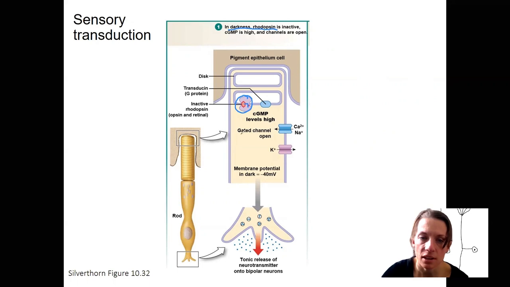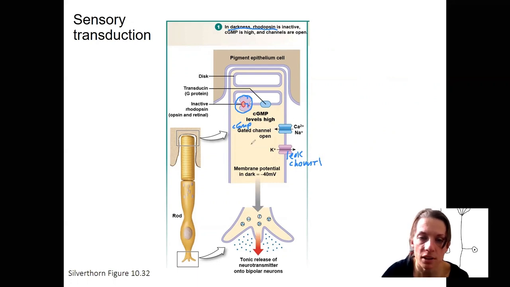This means the cGMP gated channels open. These are flowing in. What is this? This is just a leak channel, right? Potassium leak channels that are on all of our cells.